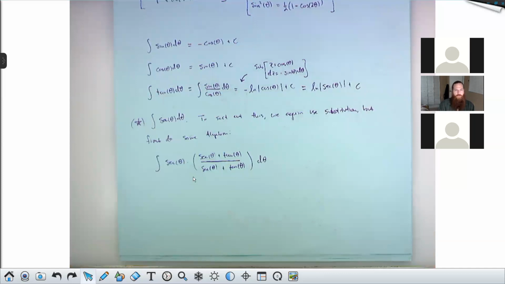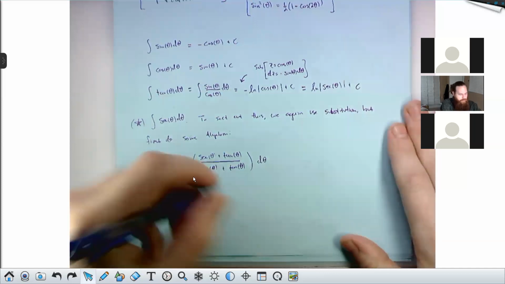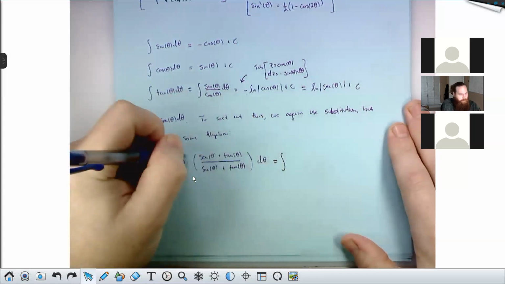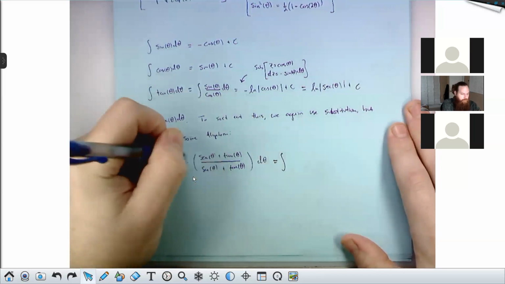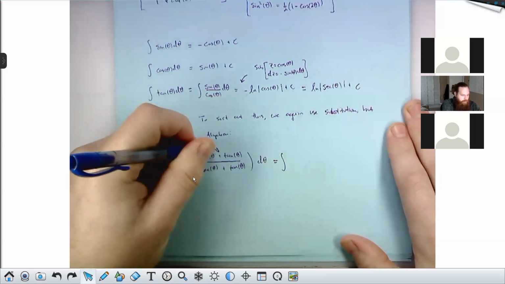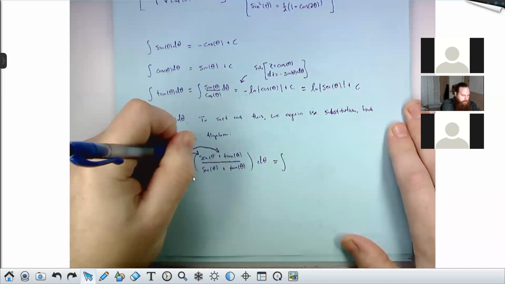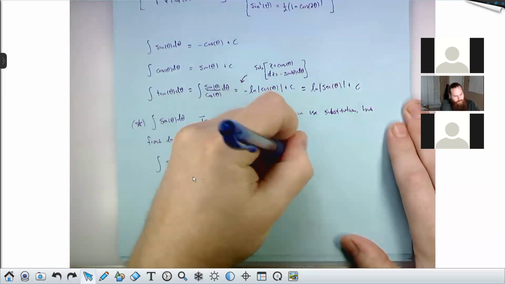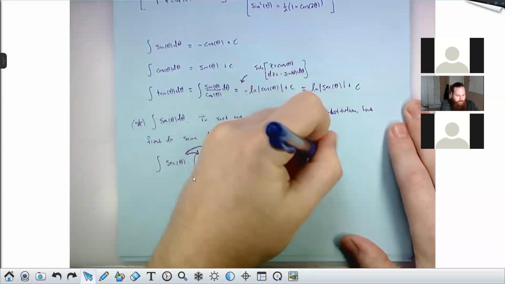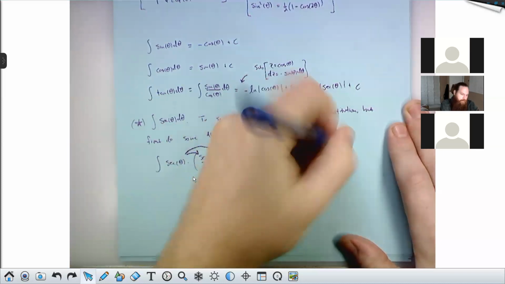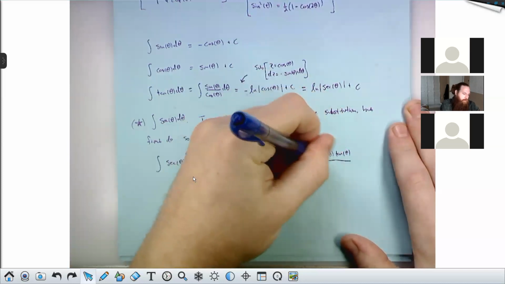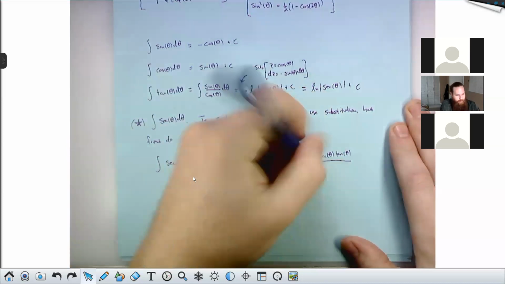The reason we do this is because when you distribute, multiplying the secant across the top, I'll have secant times secant plus secant times tangent. Something very nice happens. I get the integral of secant squared theta plus secant theta tangent theta, all over secant theta plus tangent theta.